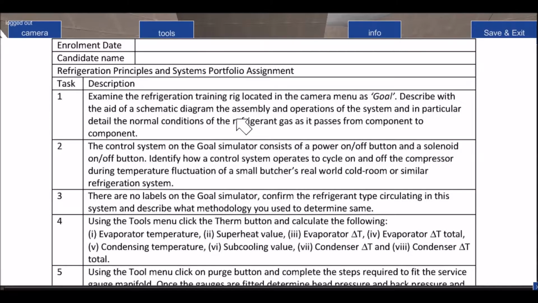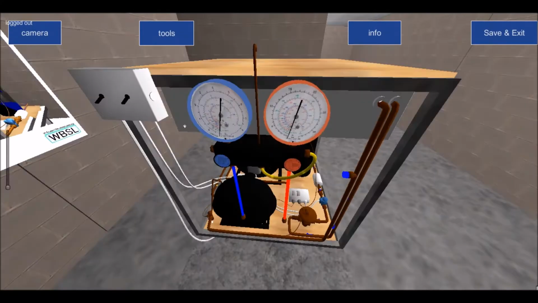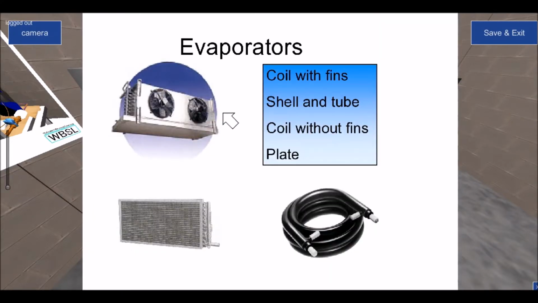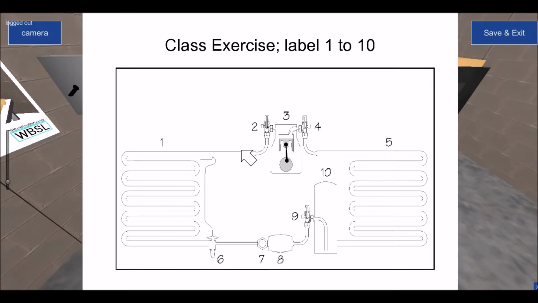So effectively what that is asking you to do is draw a schematic, and as I said to you, the schematic could be a simple drawing like this.